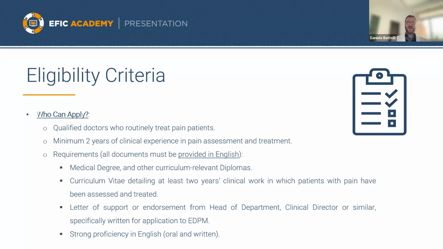All the documents that you have to provide to apply as a candidate must be provided in English. So if they are not originally written in English, we require you to provide a formal English translation of your documents so that we can analyze and evaluate them.